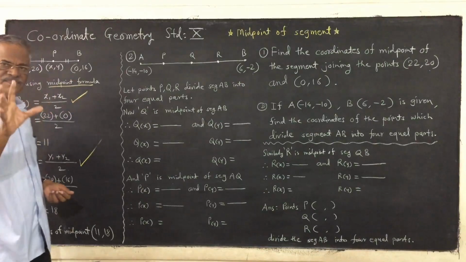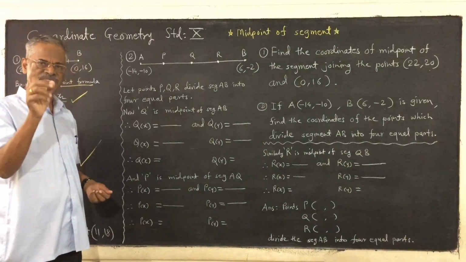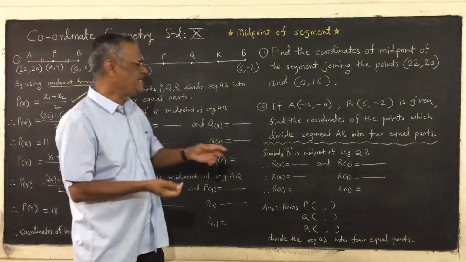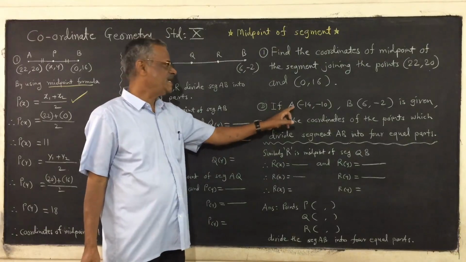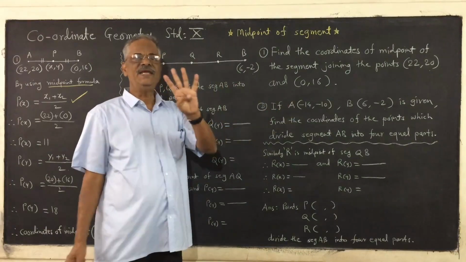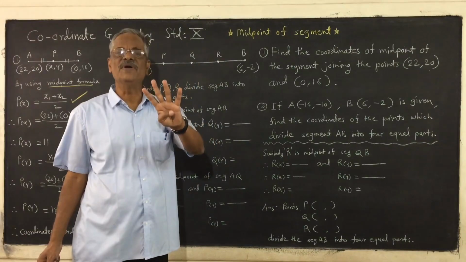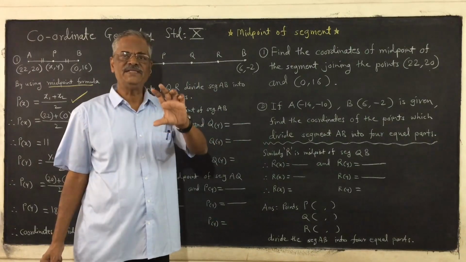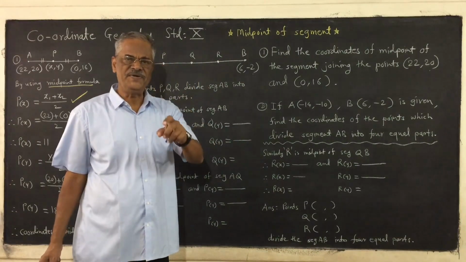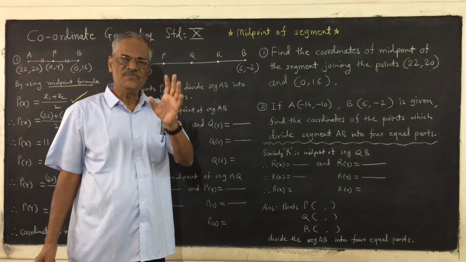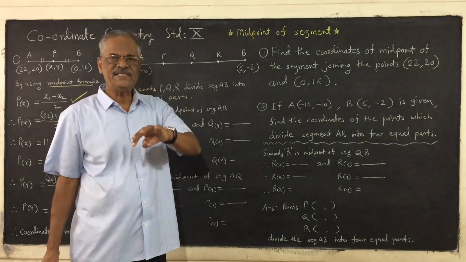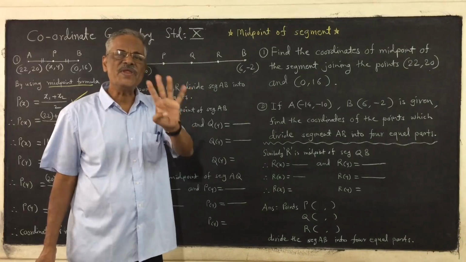Now, the same formula is applied, but this is an interesting example. Segment AB is divided into 4 equal parts. We have to calculate the coordinates of the points which divide the segment into 4 equal parts.